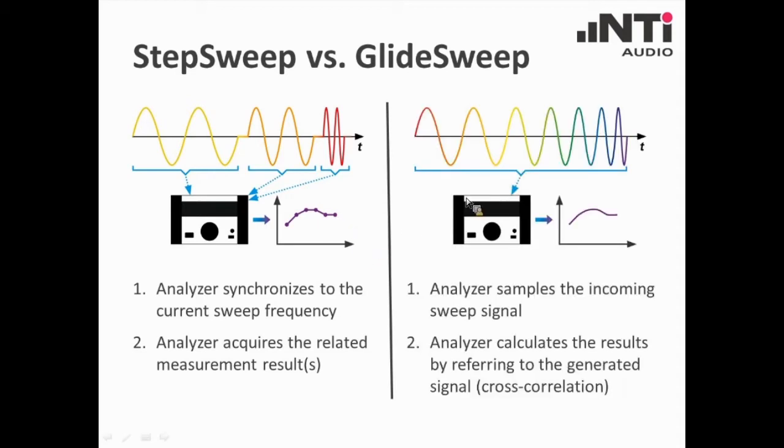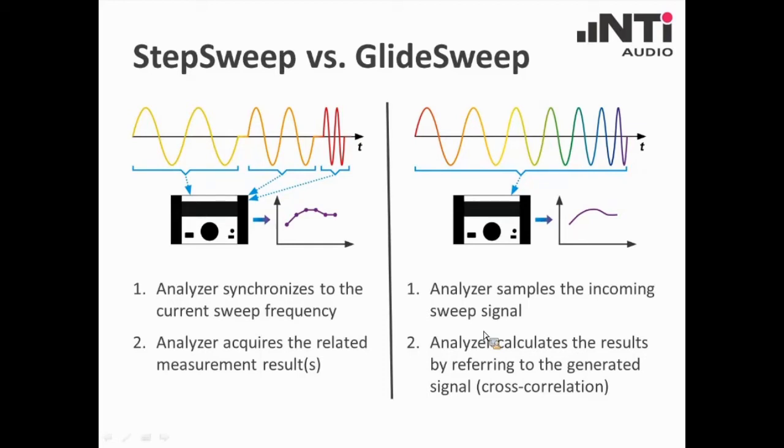On the other side, the glide sweep is a transmission in one run, in one shot. So we are acquiring the whole signal with the analyzer, and then the analyzer calculates the required results by comparing, in a simplified explanation, the acquired glide sweep versus the generated one.